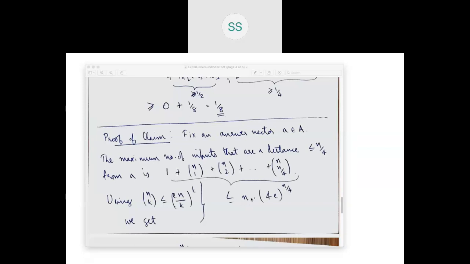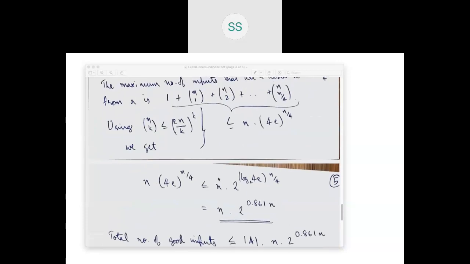We have enough leeway, so we just write it n times this. I could have written n by 4 plus 1 times this, but it's a bit inconvenient, and this works. So it's upper bounded by n times 4e whole power n by 4. These are the input vectors x that are at a distance n by 4 or less from a.